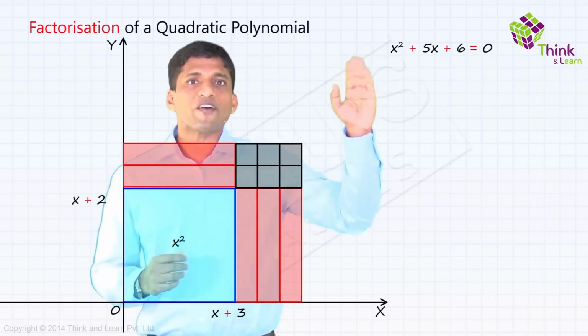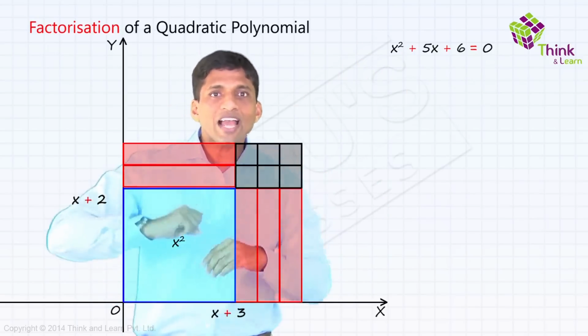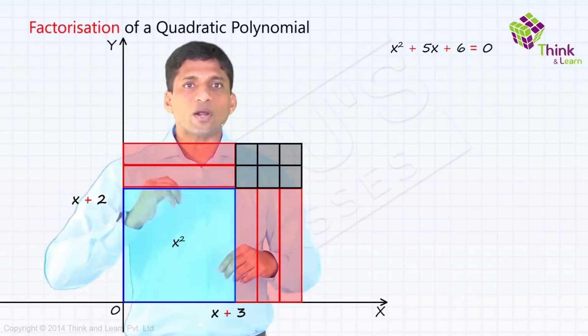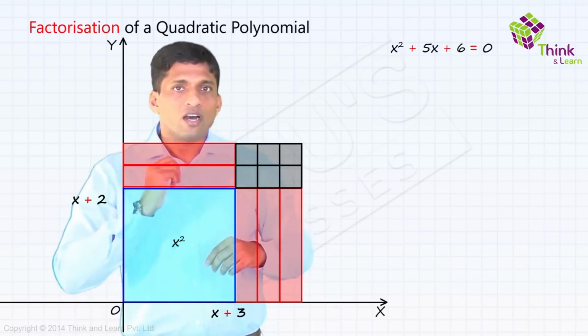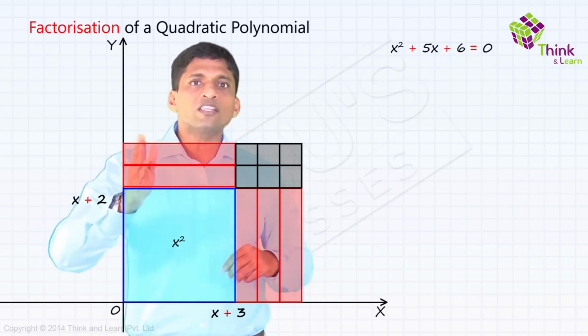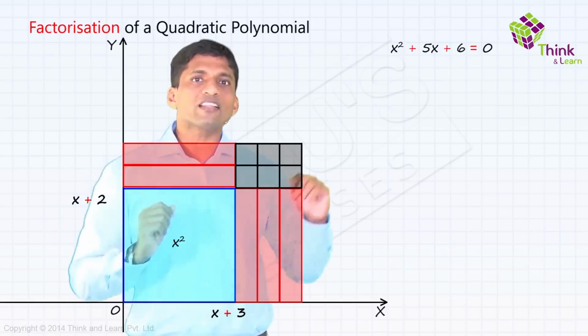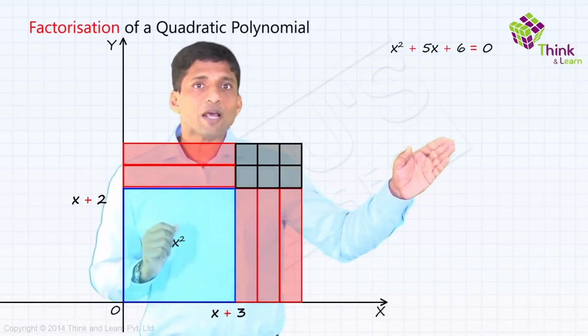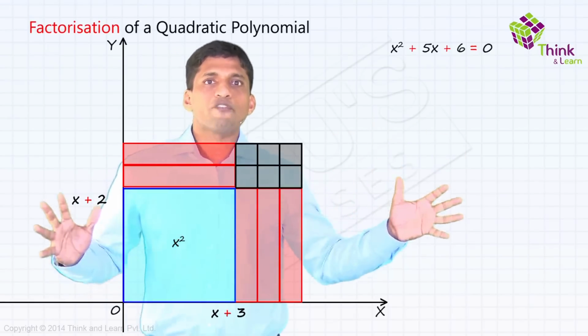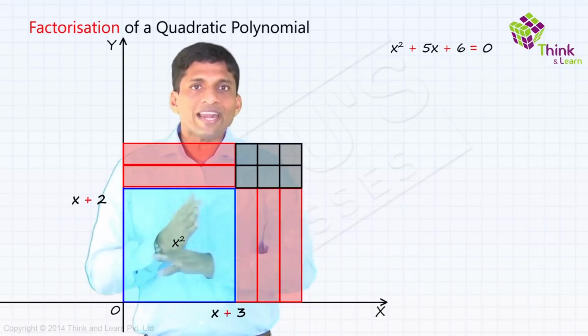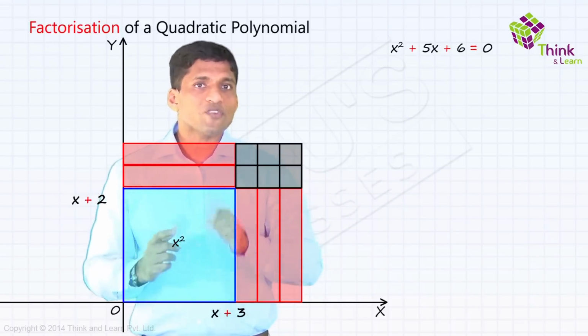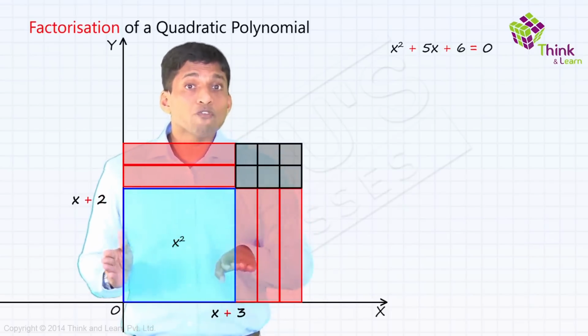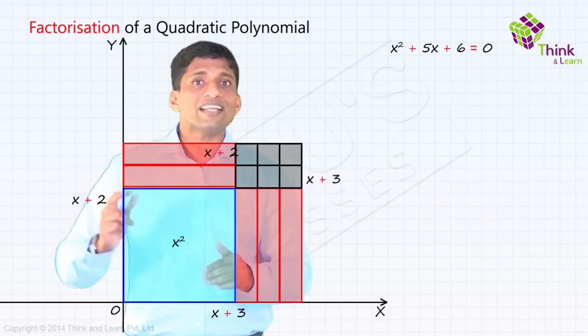Initially we had 3 separate diagrams: one square with area x square, a rectangle with area 5x, and another rectangle which I kept outside with area 6. But when you bring all of them together, we are still getting x square plus 5x plus 6, but we are factorizing it as length and breadth.